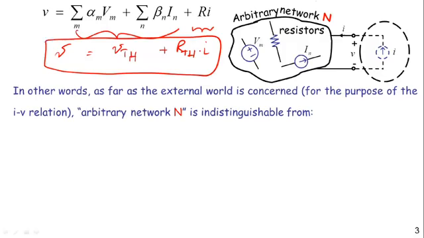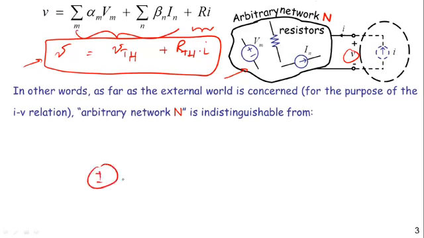In other words, as far as the external world is concerned, and again for the purpose of computing the voltage V, our network N is completely indistinguishable from another network. What does that network look like? This whole network N can be replaced by the following network.